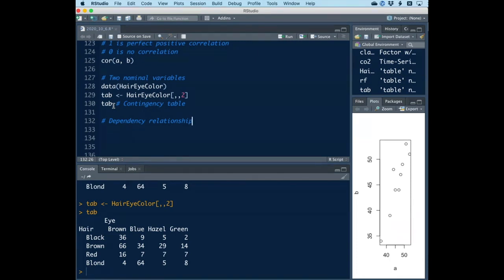So we can measure the dependency between nominal variables, and we use an indicator which is called chi-square. You have perhaps heard about that. Also for this indicator, I put the formula in the book because it's useful to go through that.